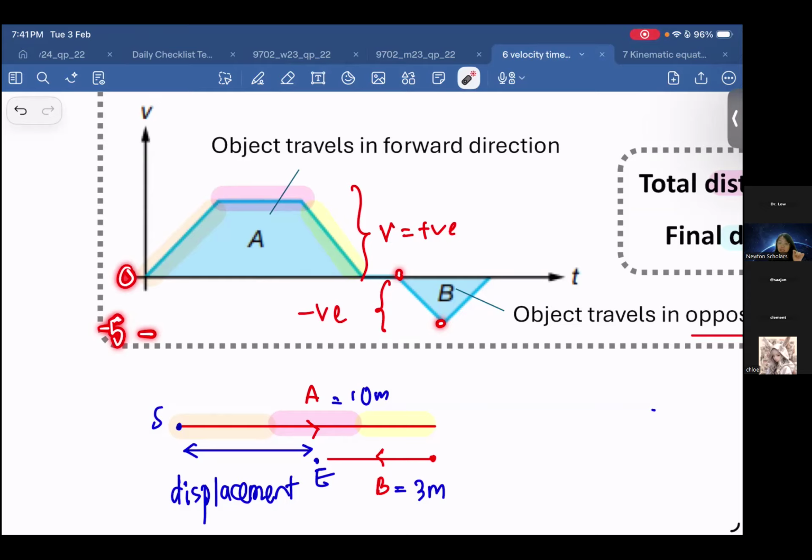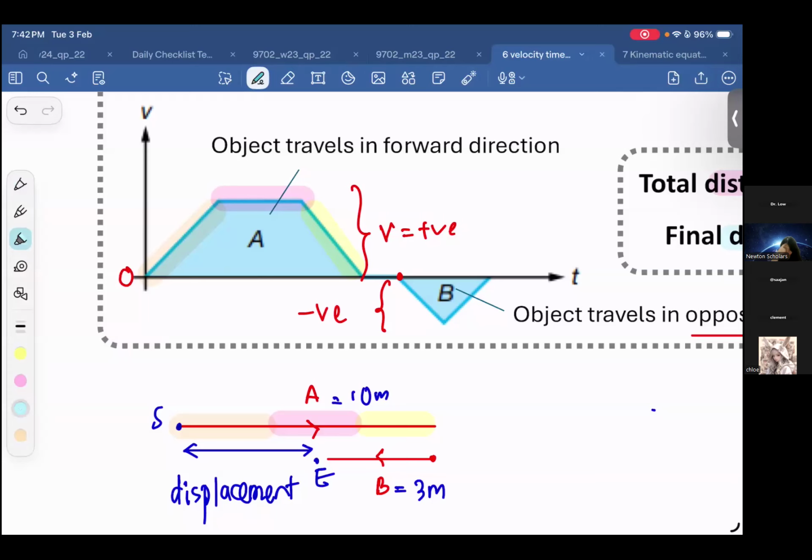So negative doesn't mean that it slows down. Negative shows opposite direction. If you want to know whether the speed is increasing, just look at the magnitude, 0 and 5. 0 becoming 5 is increasing speed. So this part is increasing velocity, or we say acceleration.